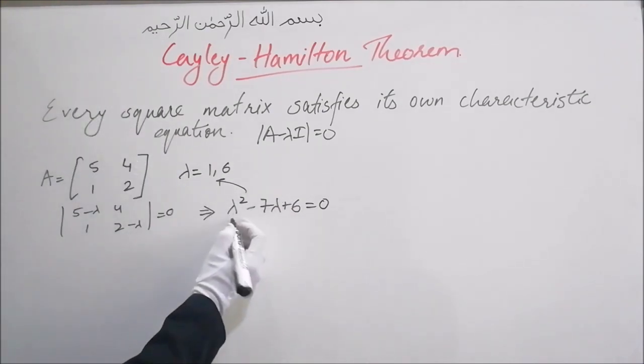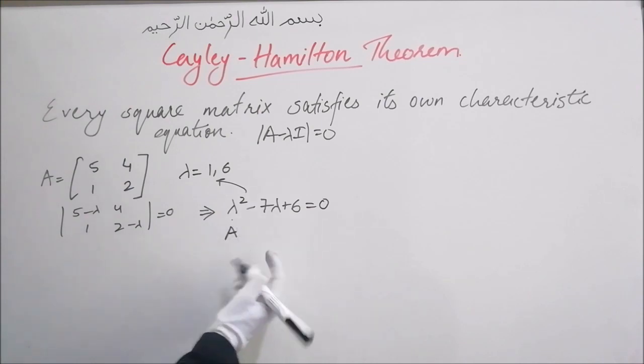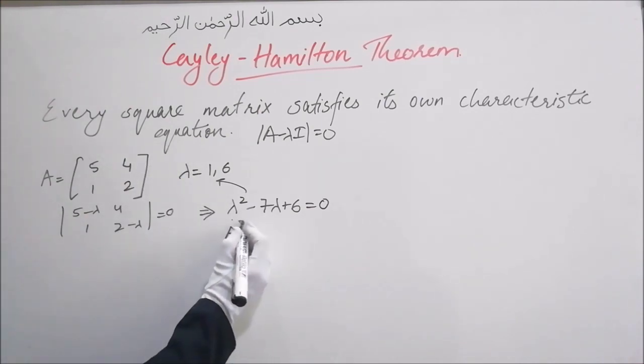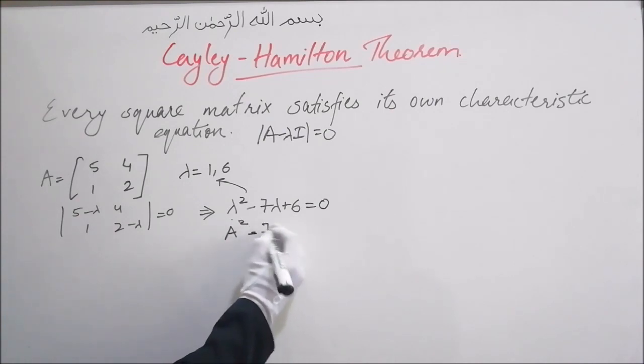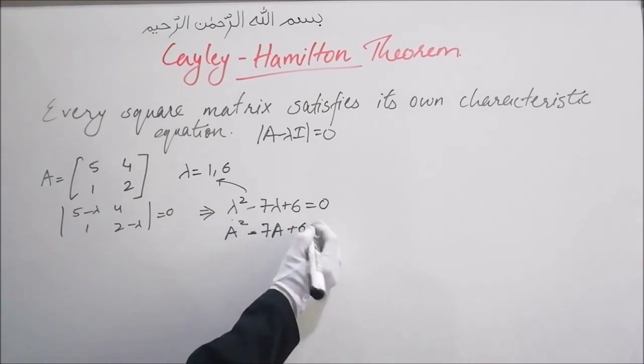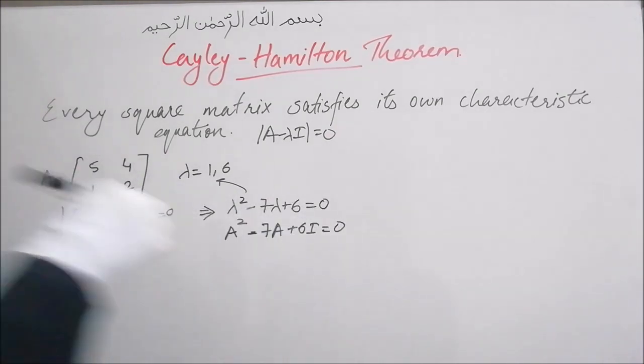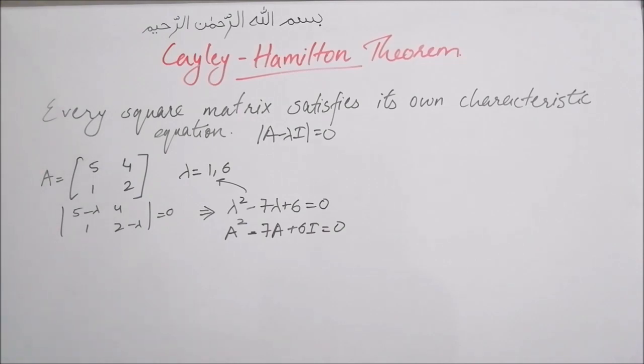According to this theorem, these lambdas can be replaced by the matrix itself, A. So you can write A squared minus 7A plus 6 times the identity matrix I equal to 0. From this equation, we can easily take out the trace and the determinant. Trace of A is nothing but lambda 1 plus lambda 2, the sum of the eigenvalues. 6 plus 1, this should be 7.